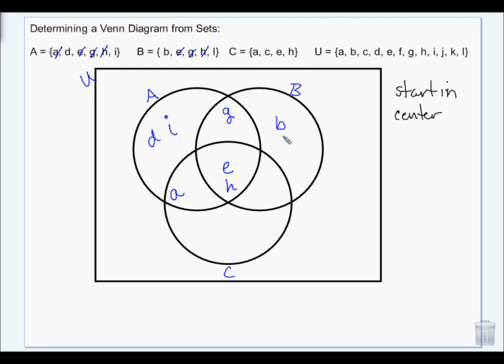That leaves me with B and L. And if I come to C and cross out everything, that leaves me with C. But I'm still not done because I have this universal set to deal with. So I'm going to go through the universal set and cross out every letter that I've already used. And as you can see, I have a couple of letters left. And those are going to just hang out here.